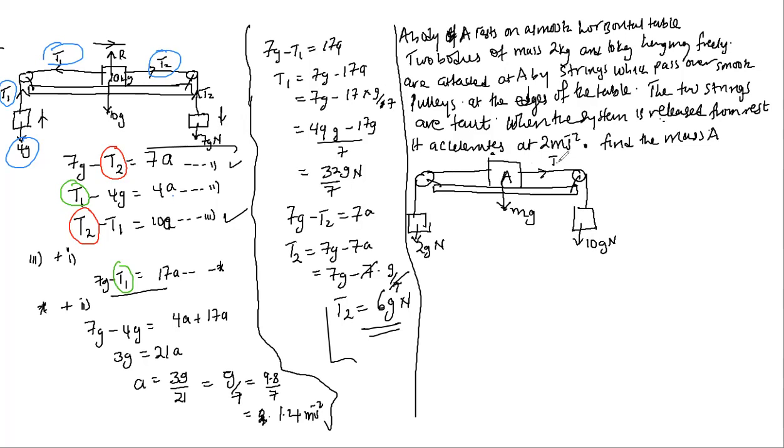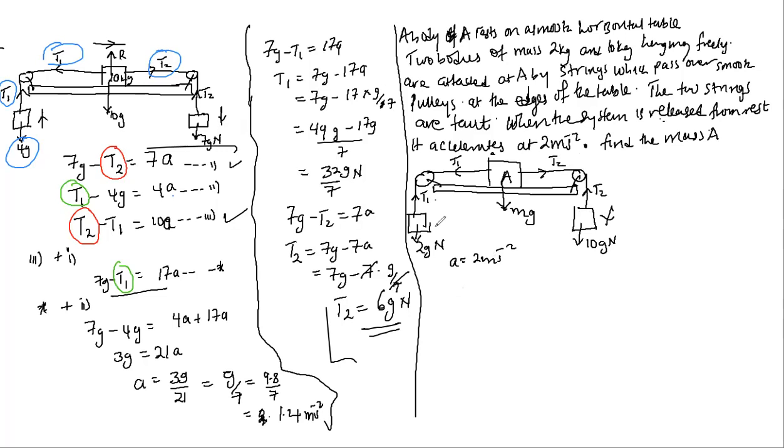So we have tension T2 and tension T1. When the system is released, they move with an acceleration A, which is equal to 2 meters per second squared. So A moves on the left, and on the right it moves down because 10 is heavier than 2 when the system is free. So 10G minus T2 is equal to 10A.